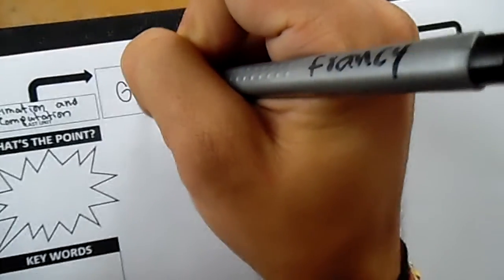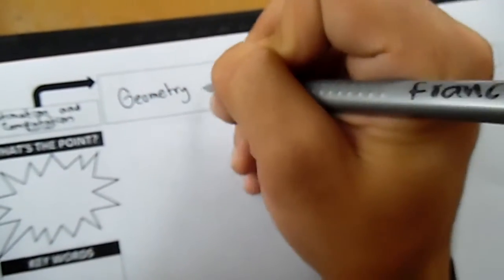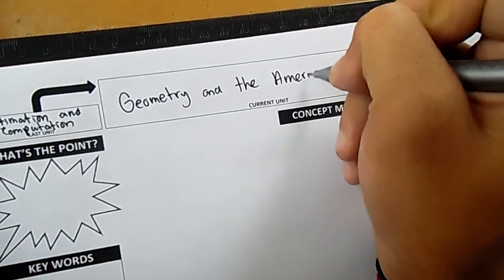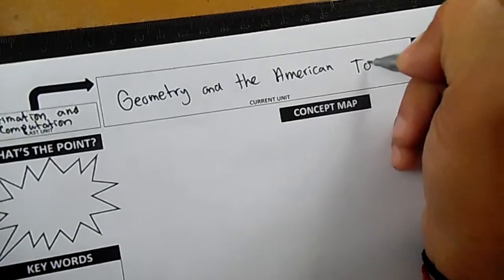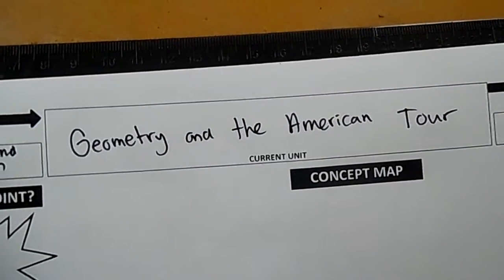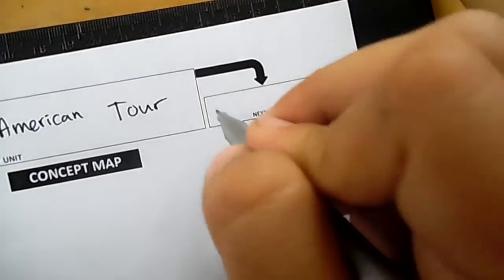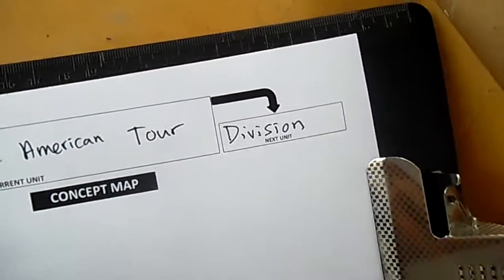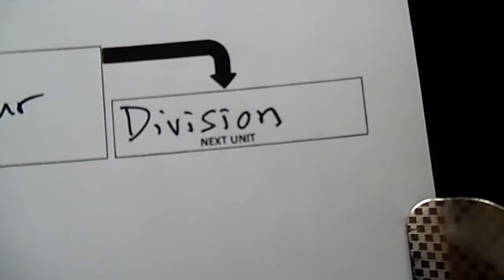What we're working on now is geometry and the American tour. Geometry and the American tour. And the next one, we're going to focus on only division. But it's going to be a lot more complex than what we did.